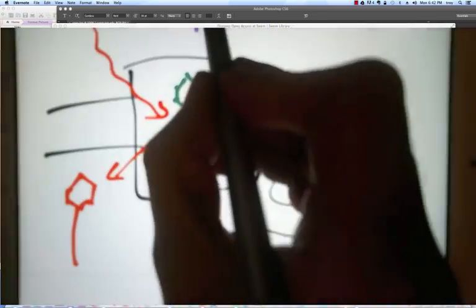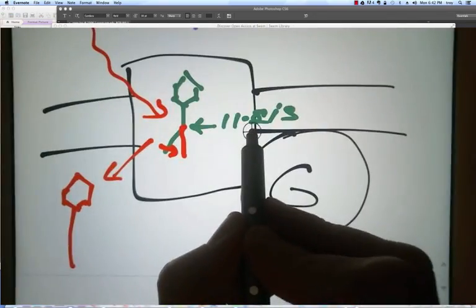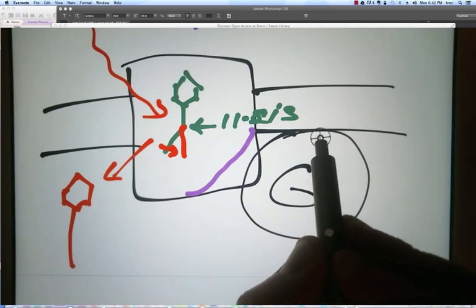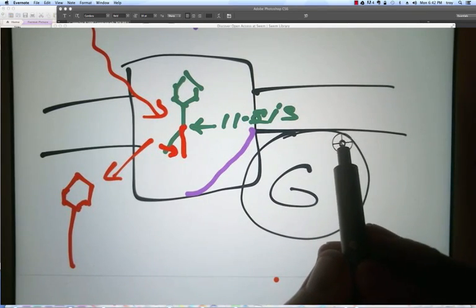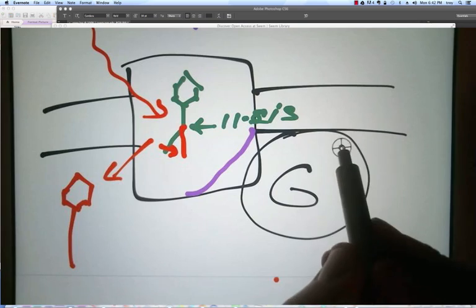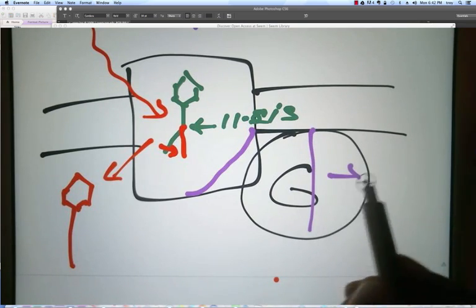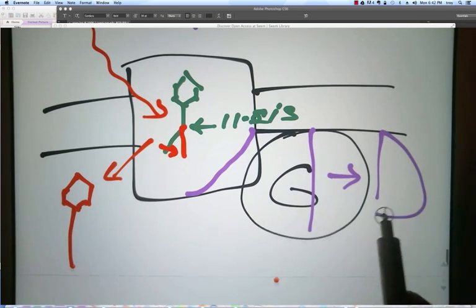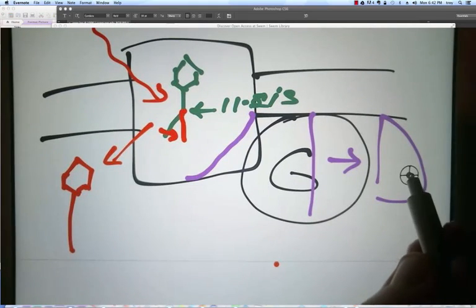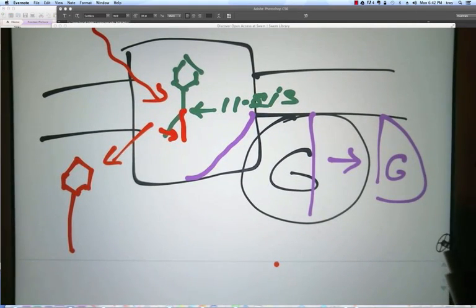The result of that is that the receptor changes shape, and again, a part of that G protein is freed to interact and activate a second messenger pathway.